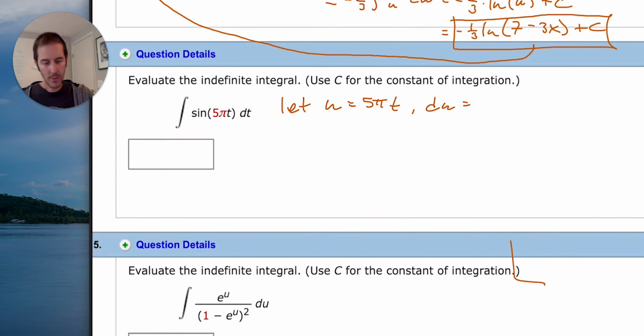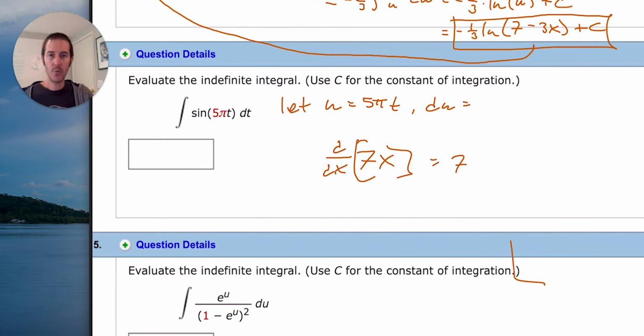Well, what's the derivative of 7x? If I asked you to take the derivative of 7x, what would you say the answer is? Hopefully you're thinking 7. And you're right, it's the constant value in front of the variable, this variable x being to the first power. It works the same way up here. If I'm taking the derivative of 5 pi t, what's 5 pi? Well, that means 5 times pi. And what's pi? It's a number.